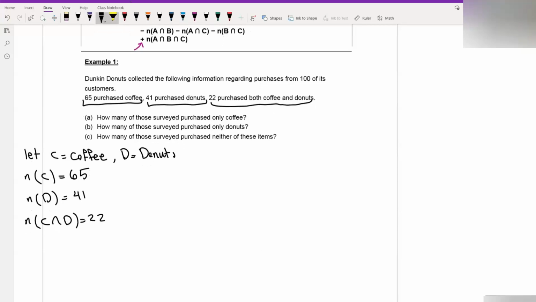And also what is given on top, it says they had 100 customers, meaning that that is the total. So it's the universal set.